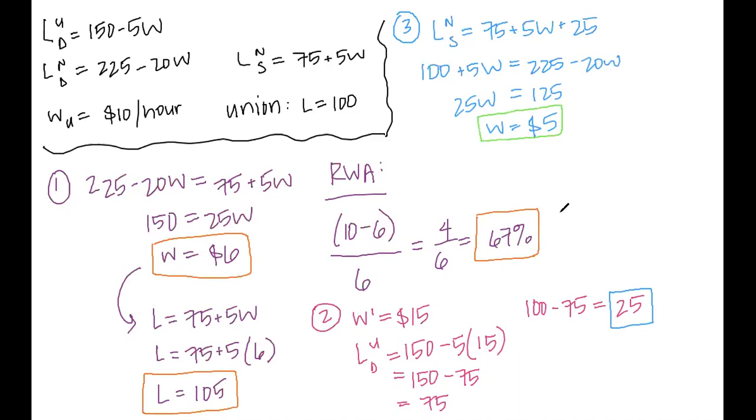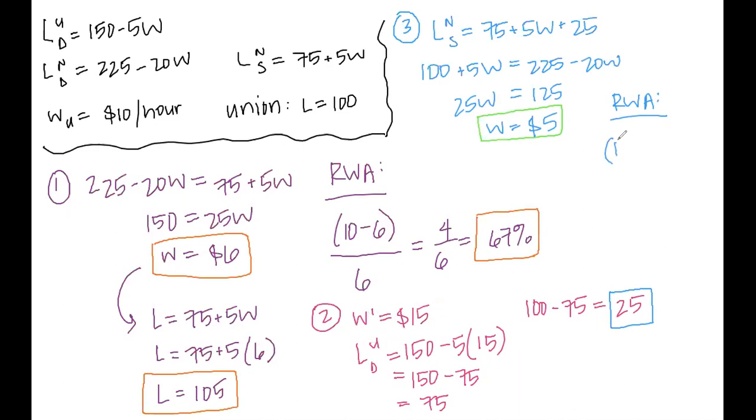And then what they wanted to know was, what is the relative wage advantage for unions now? We can solve this relative wage advantage the same exact way we did before. In the numerator is going to be the difference between the two wages. Again, think back to part 2. Unions demanded an increase of their wages to 15.